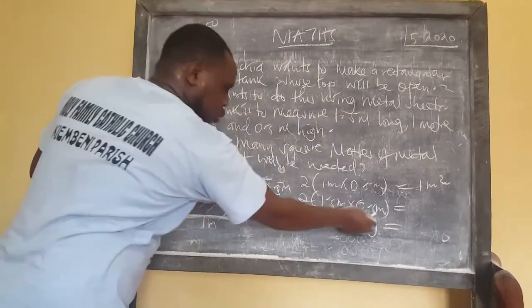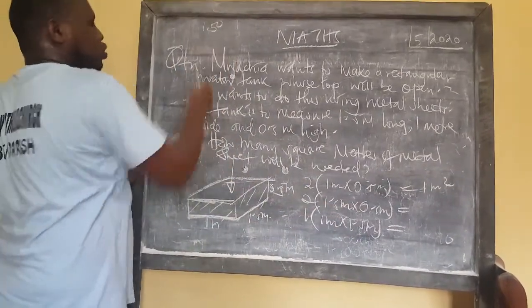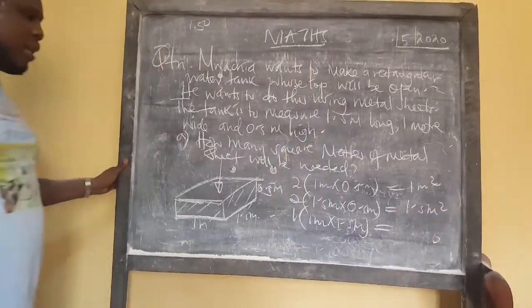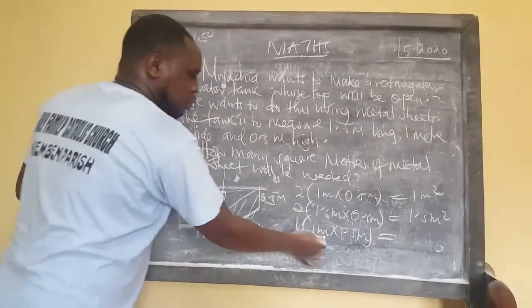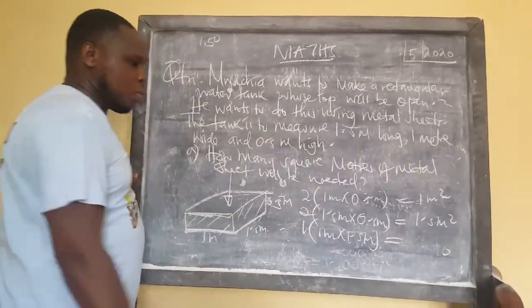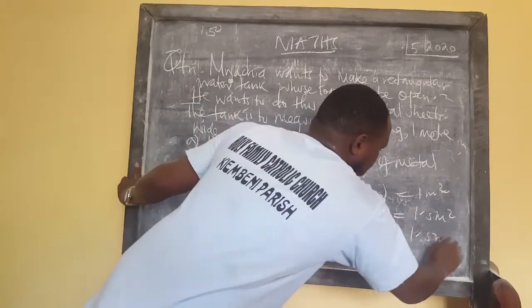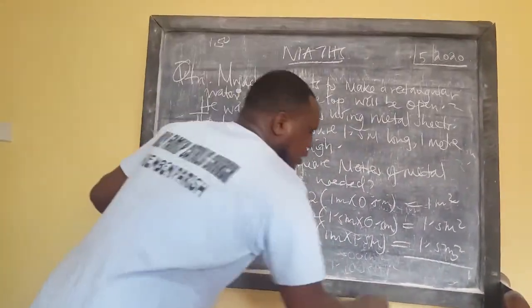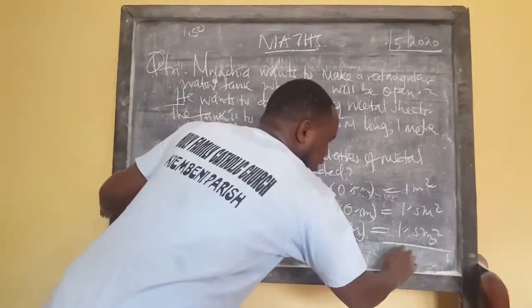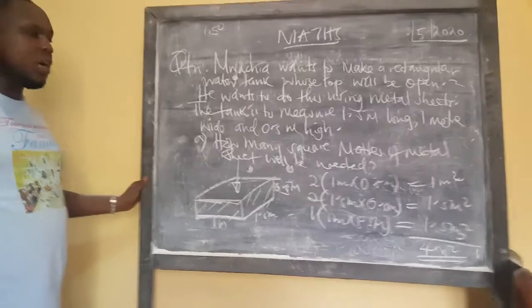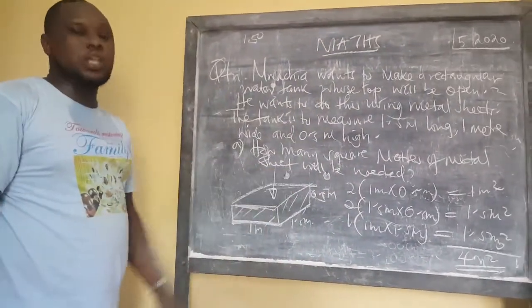Then how many decimal points? 1, 2. So 1.5 meters squared. And the last one is also going to be 1 times 1 meter times 1.5. That is going to give you also 1.5 meters squared. Then we add that. When you add that, you get 4 meters squared. So 4 meters squared of the metal sheet is required.